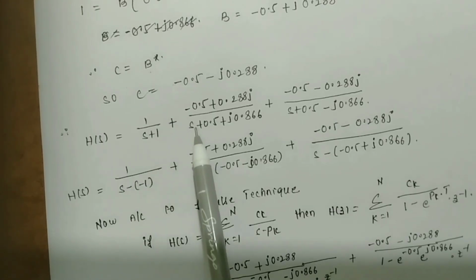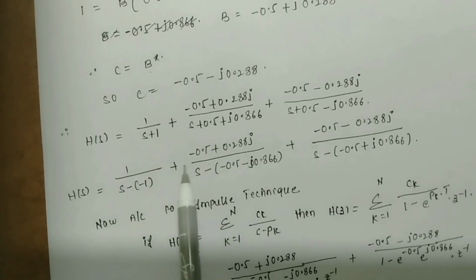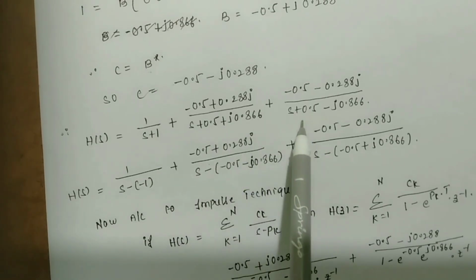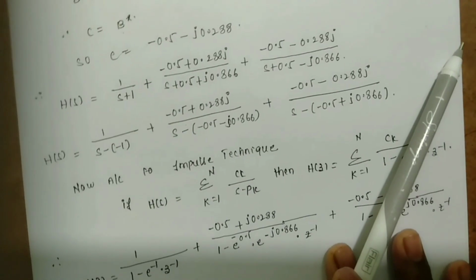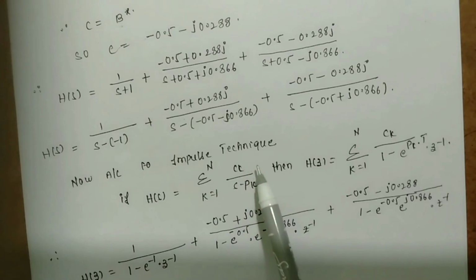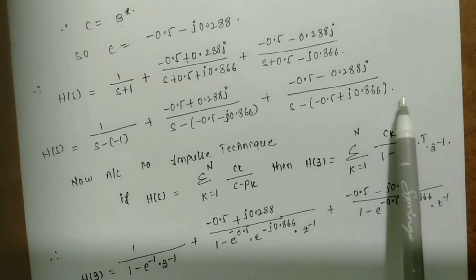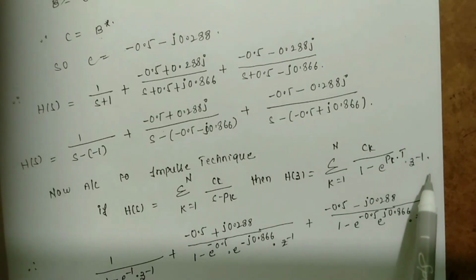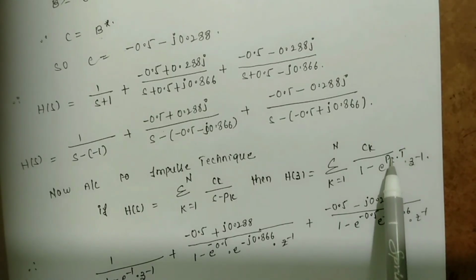Here also I can write s minus of this, and here also s minus of this. So now according to the impulse invariance technique, if H of s is in the form ck by s minus pk, then H of z is equal to ck by 1 minus e power pk T into z power minus 1, where T is equal to 1 second here.